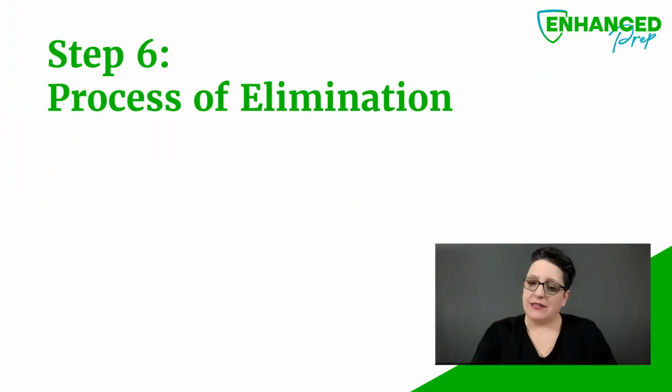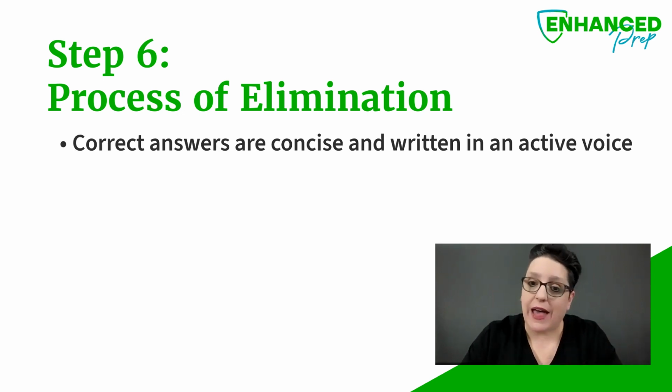And that brings us to step number 6, that process of elimination. A couple big takeaways in terms of what's going to help you find the best answer. The writing in that answer choice is going to be concise. It's also going to be in active voice.